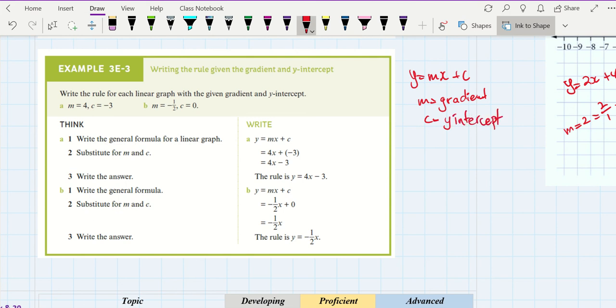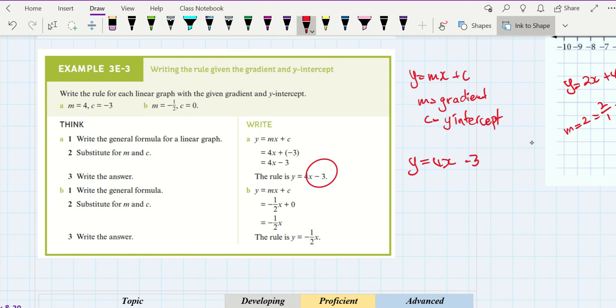So that's my recall, and now I am just going to substitute into the linear function. So our first one is m equals 4, c equals -3. So we're just going to say 4x take 3 for my first one.